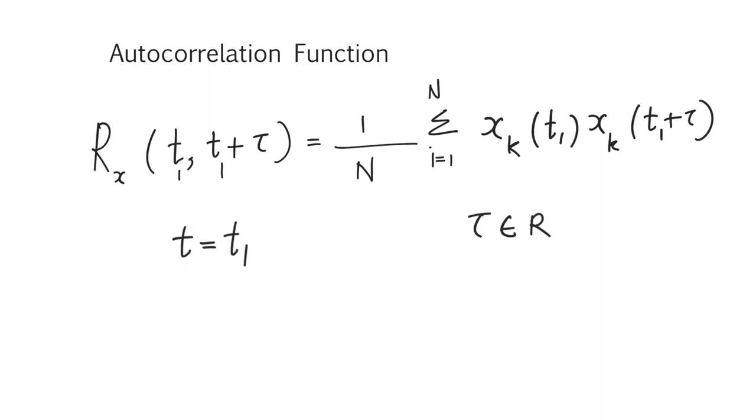Then you will end up with a number called the autocorrelation function. So this is a second order average. It's a higher order average, you can say, compared to the mean. Similarly, you can define third order averages and fourth order averages as well.